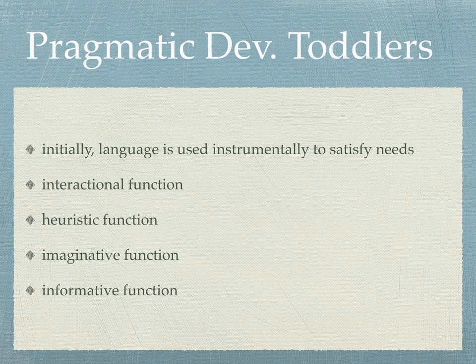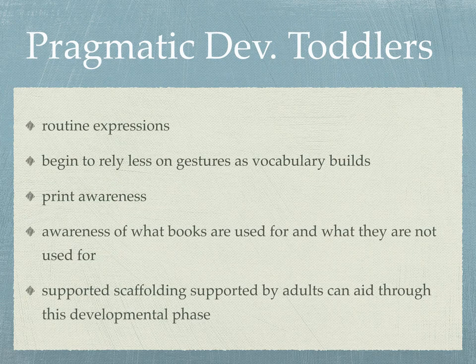Your imaginative function, children are pretending or role-playing that they're a dog or a kitty cat or a mommy. And then informative function, they are informing you of things. I have a turtle. My favorite color is orange. They're telling you things. And so initially language is used just to satisfy needs, but then it takes all four of these different forms. And that is what we do as an adult.